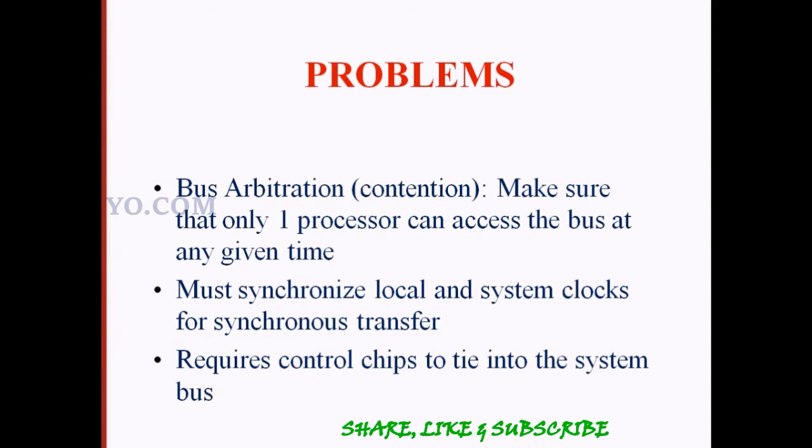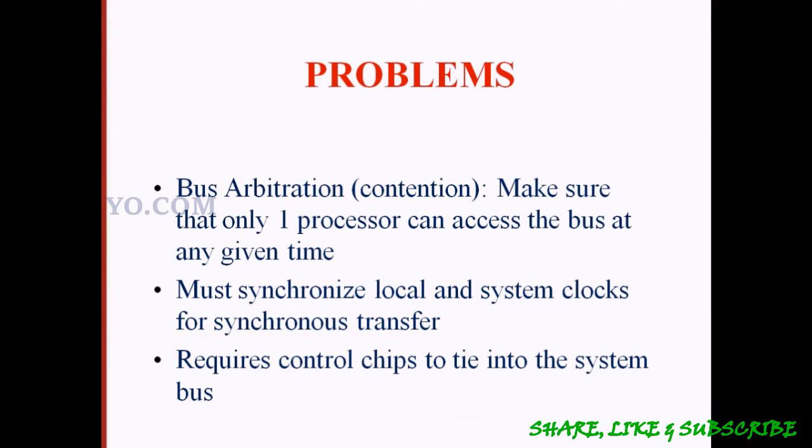Then the problems in loosely coupled configuration. Bus arbitration is an important problem. If n devices are connected to a single bus, how can we access the bus? Any one device can access the bus at a time. We must make sure that only one processor can access the bus at a given time.